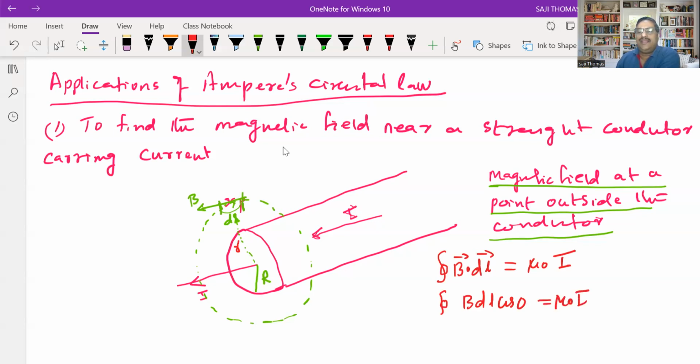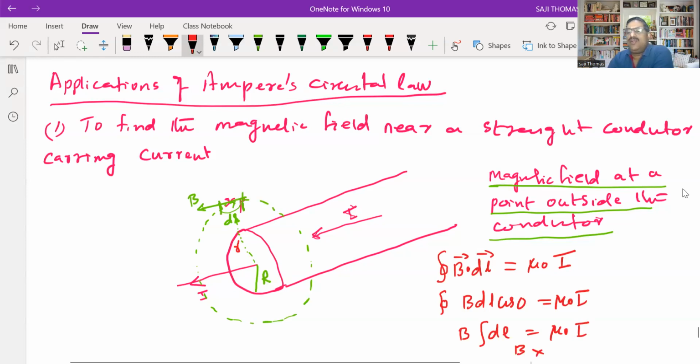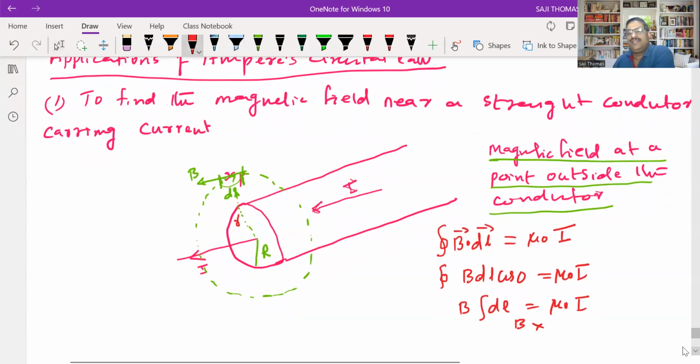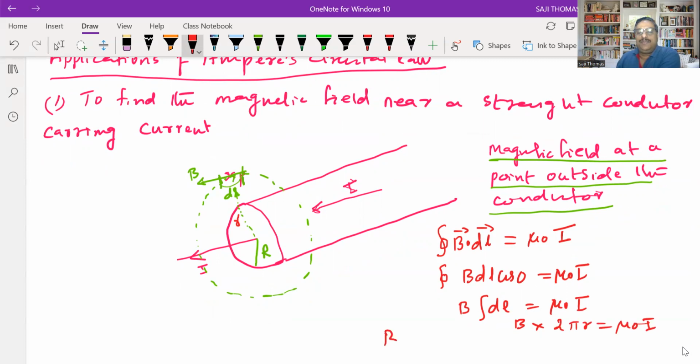B is constant on that particular loop. So B times the integral of dl equals mu0 I. Integration means adding all the dl lengths, and you get the circumference of the loop, 2 pi r. So B times 2 pi r equals mu0 I. From this, B equals mu0 I by 2 pi r.